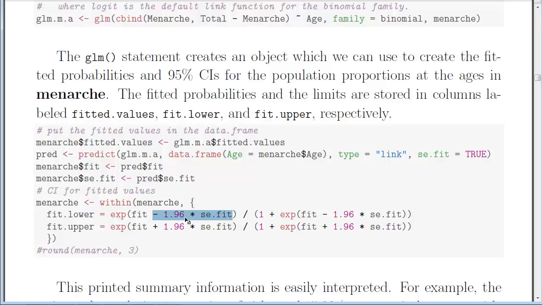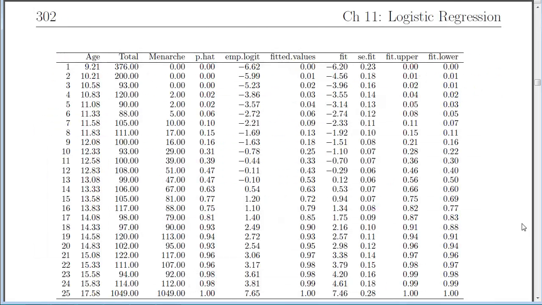Recall that 1.96 standard deviations from 0, or the mean, gives you a 95% confidence interval. So I'm going to subtract that for the lower bound, and add that amount for the upper bound. So I've got the fit of the probability divided by 1 minus the probability, and I've got plus or minus those bounds.